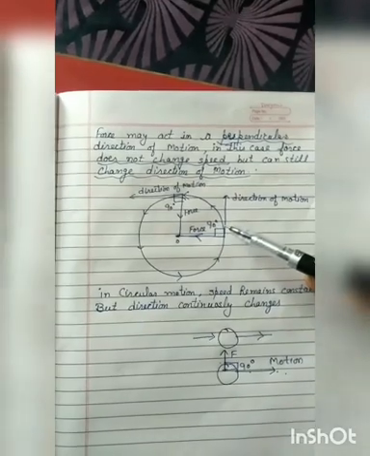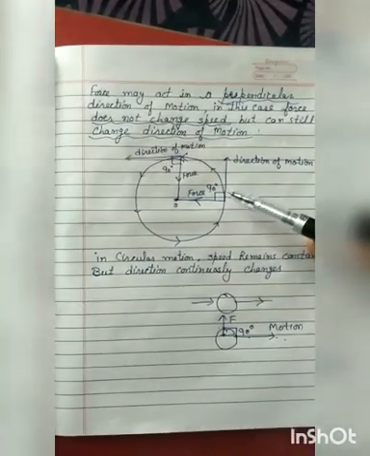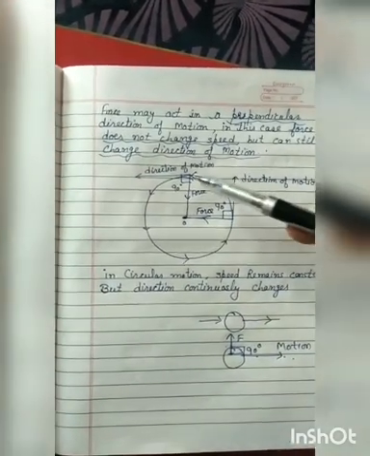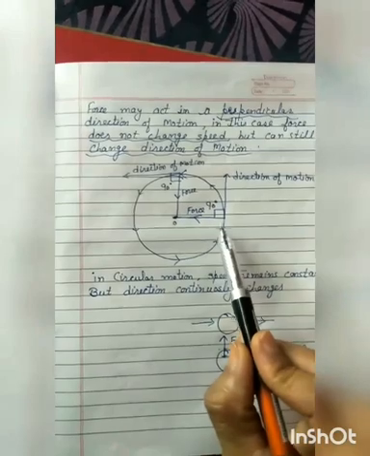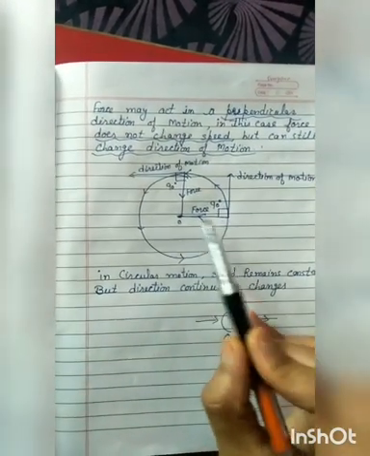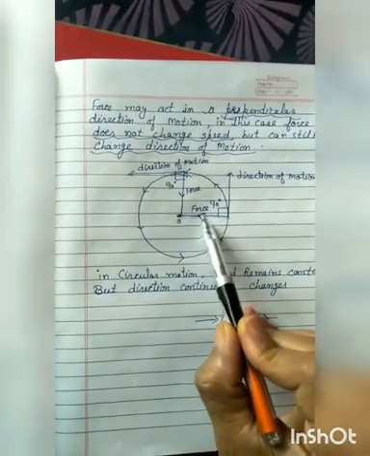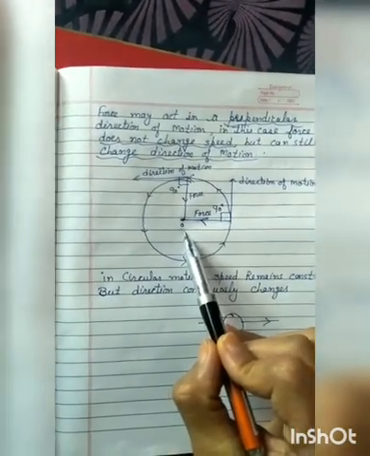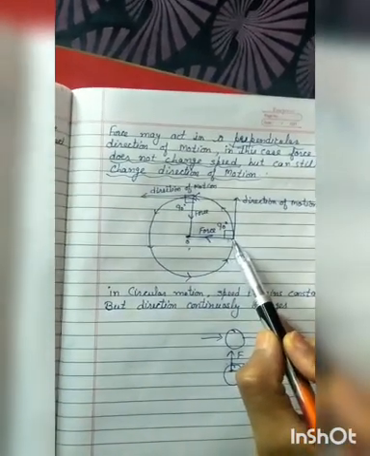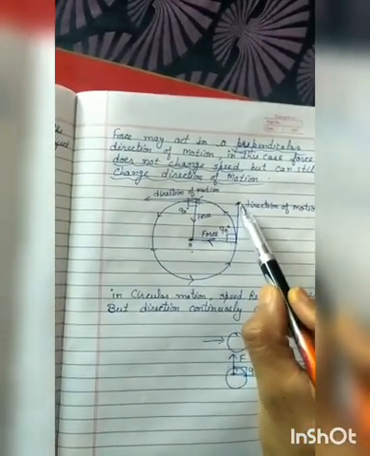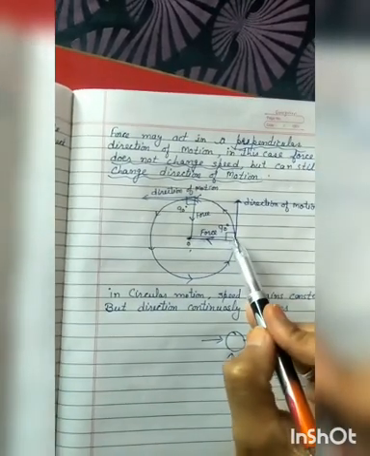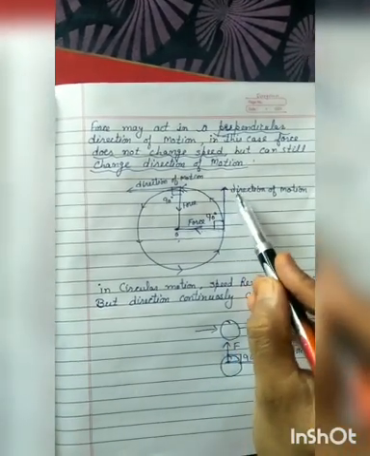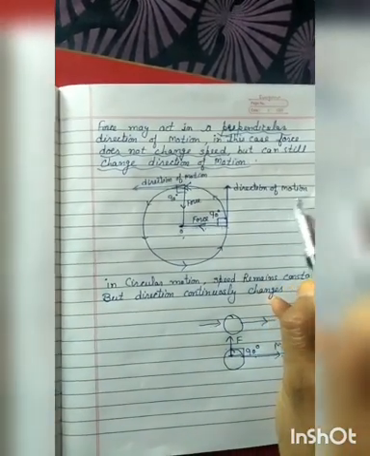When an object moves in a circular path, and the radius of that circular path remains the same, whenever we move in a circle, the force always acts in the inward direction, towards the inside of that circular path. And this 90 degree angle line which I have drawn here makes an angle of 90 degrees with the force. Now what does this line represent? It represents the direction of motion.